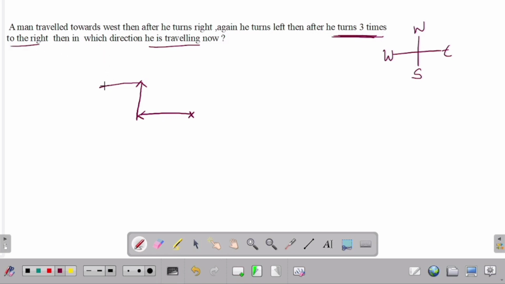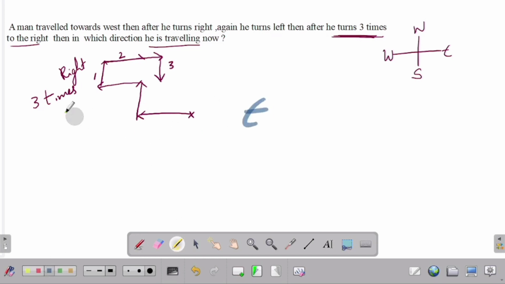See here, total three times. First time this is right, second time one more right, and third time one more right. So total three rights: one, two, three. So now in which direction is he?